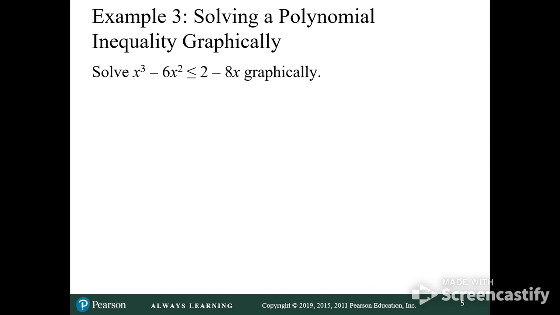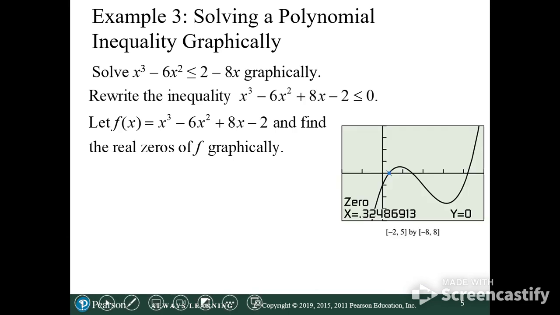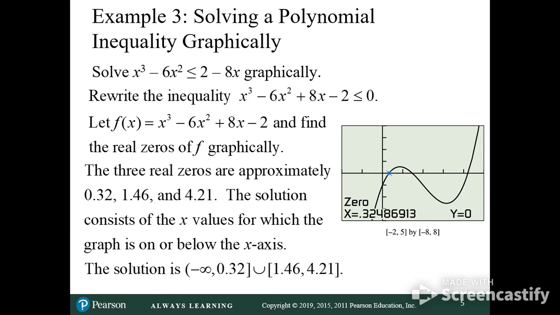They say do this graphically, so they get out the graphing calculator, put everything to one side, and then they graph it, and it crosses at 3 places, and some of the places are decimals. So the decimals are 0.32, 1.46, and 4.21. So where is this less than?